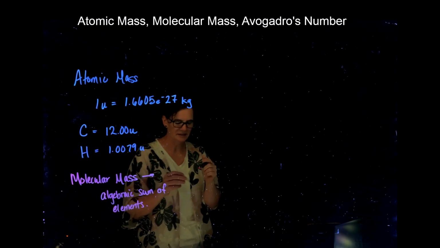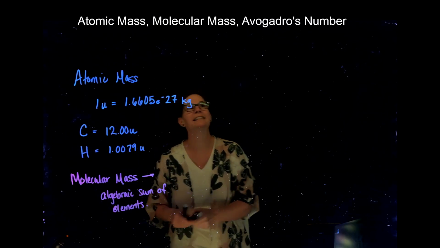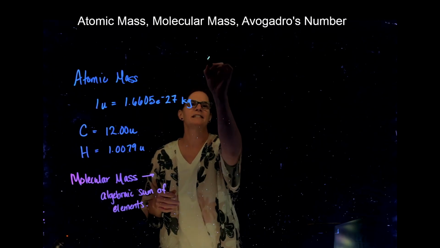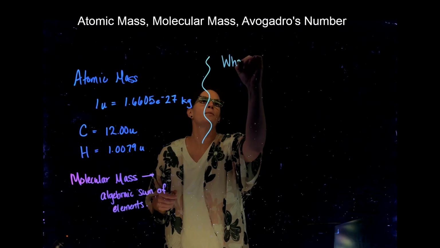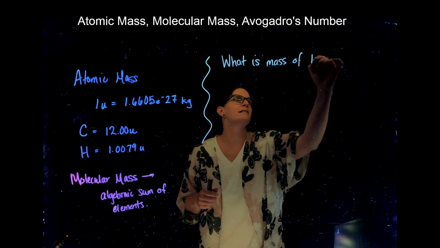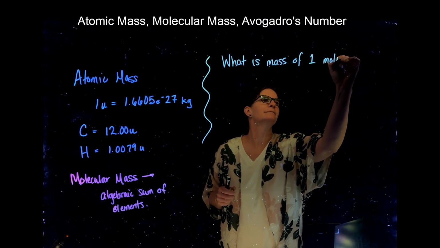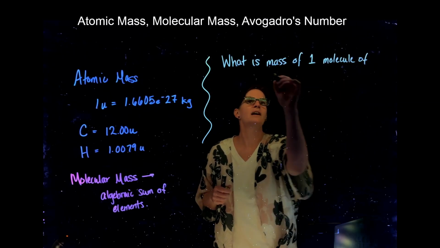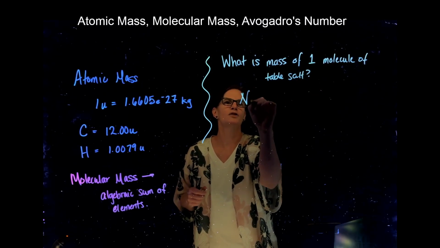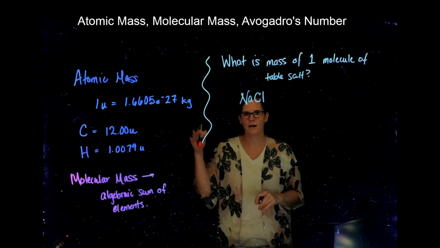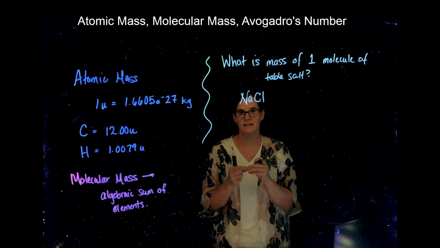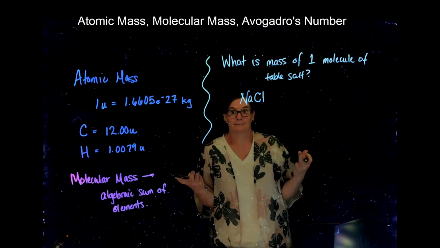So for example, if I wanted to know, we'll use both these ideas together, our question is going to be, what is the mass of one molecule of table salt? All right, well, table salt is sodium chloride. Okay, so one sodium atom, one chlorine atom makes up a molecule of table salt, right? So what's its mass? How much mass is there?